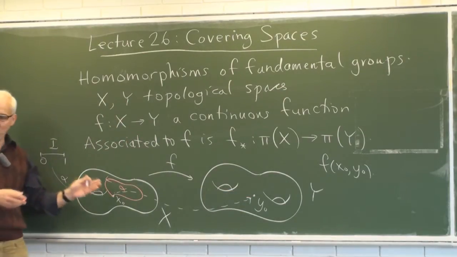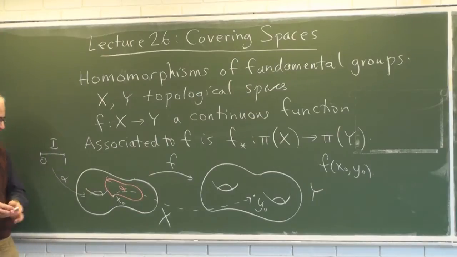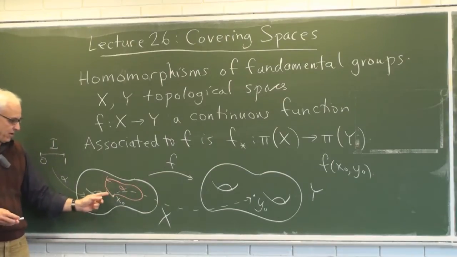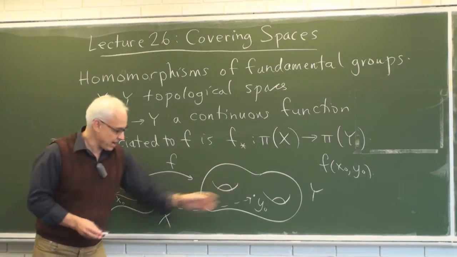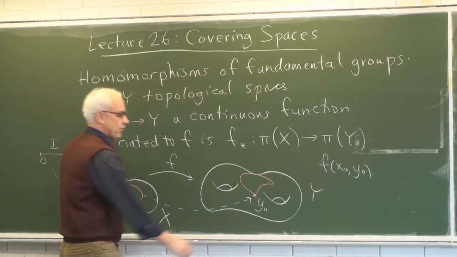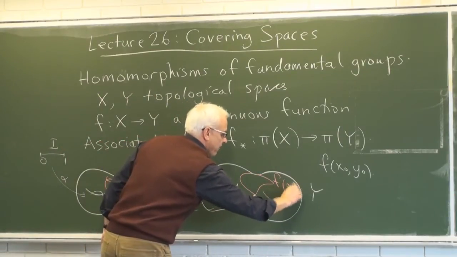Well, we're just going to compose these maps. We're going to start with the interval, apply the loop alpha to get a curve here, and then apply f to that to get the image. So we might call this f of alpha.